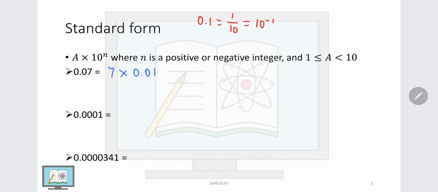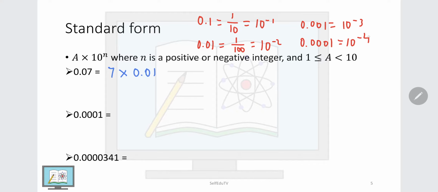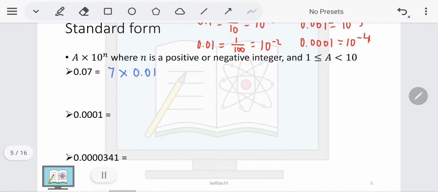Remember the laws of indices. 0.01 is equal to 1 over 100, which is 10 to the power negative 2. 0.001, we can deduce, is 10 to the power negative 3. 0.0001 is 10 to the power negative 4, and so on. So 0.01 means 10 to the power negative 2.